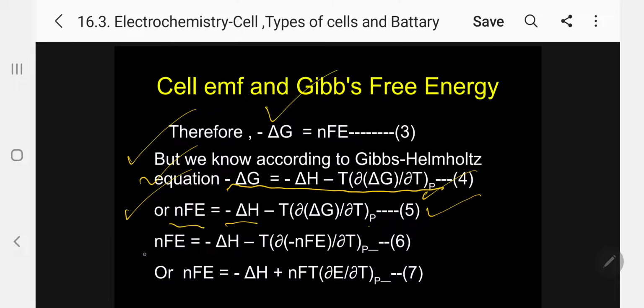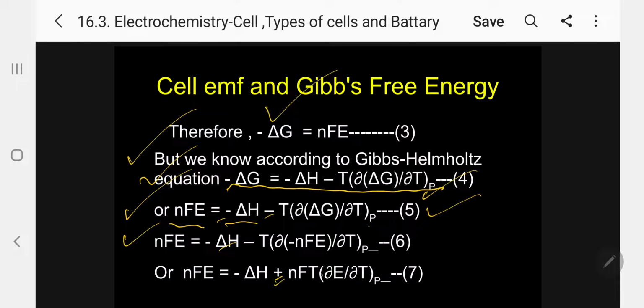The next I am doing is again rewriting the equation. Now this minus and this minus become plus. So I am writing plus here. What are the common factors? n is the common factor, F is the common factor, T is the common factor. I am taking them out.